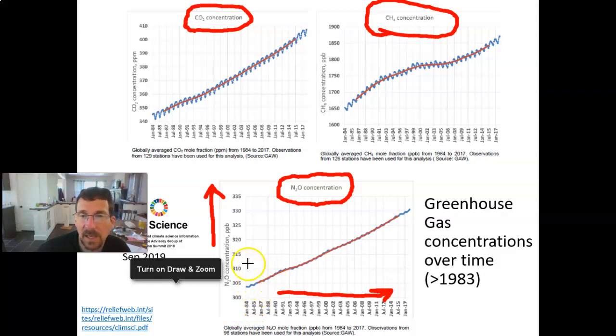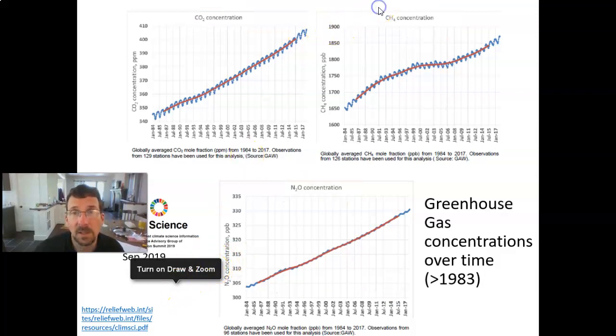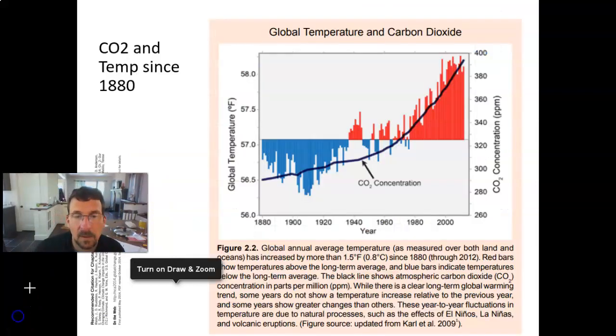This is just the last few decades looking at this. This is again more evidence that we humans are changing the chemical composition of the atmosphere, and therefore are the ones that are behind the changes in global temperatures and all the other changes that are happening with climate change.